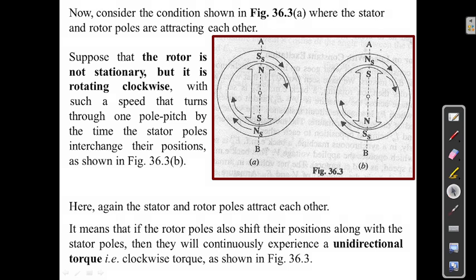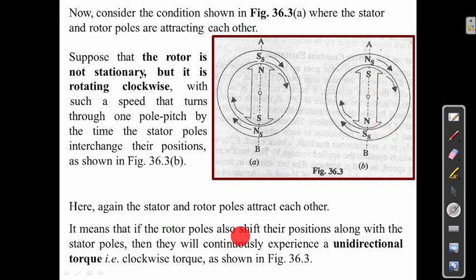Here again the stator and rotor poles are attracted to each other. Why? Because of the speed, the rotor turns through one pole pitch by the time of the stator interchange. So again they attract each other.